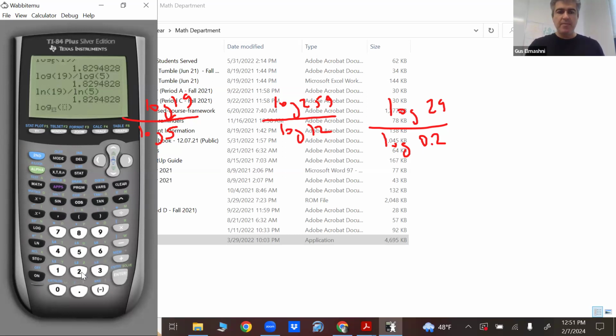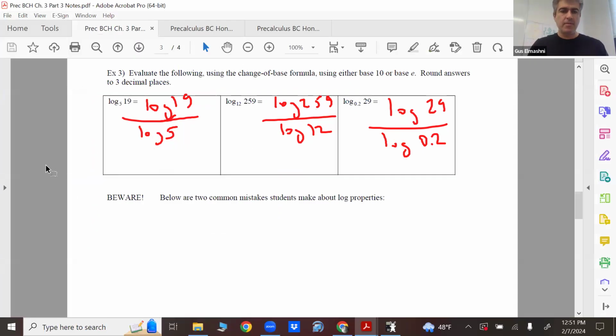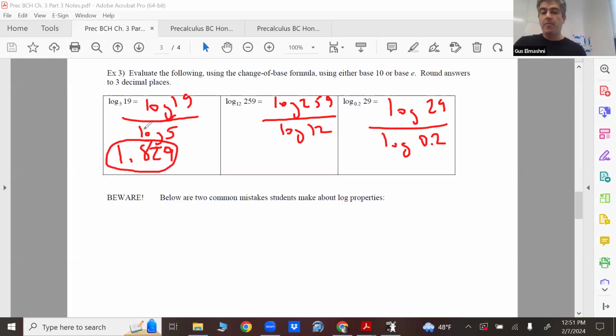If I did log base 2 of 19 divided by alpha window, option 5, I know I'm kind of beating a dead horse here. Yeah, these all work. They're all fine. So you get 1.829. Either of them is fine, right?